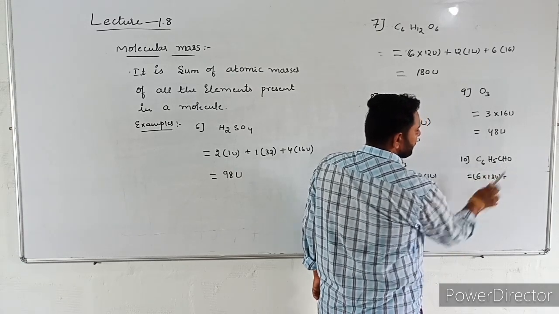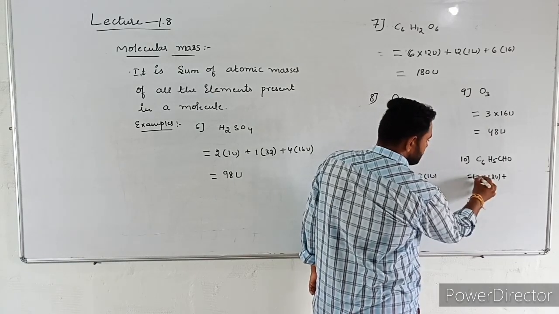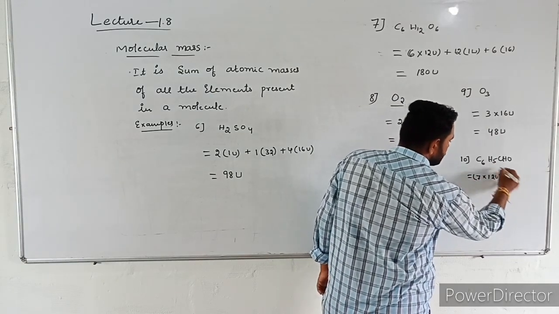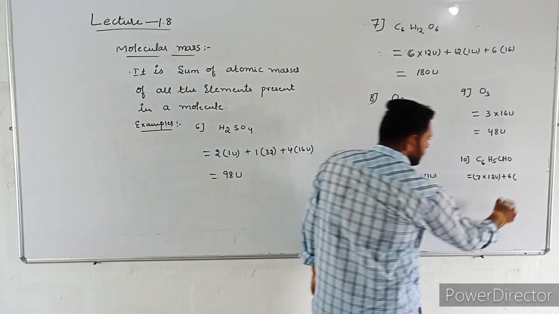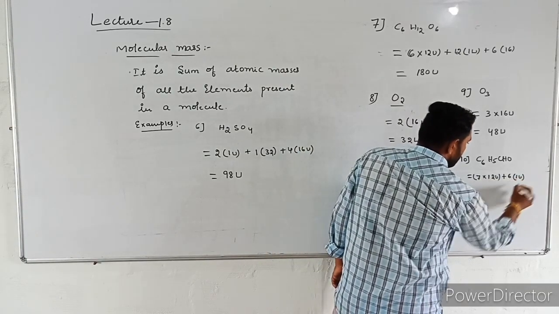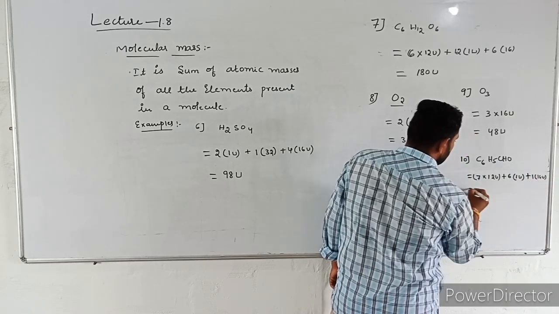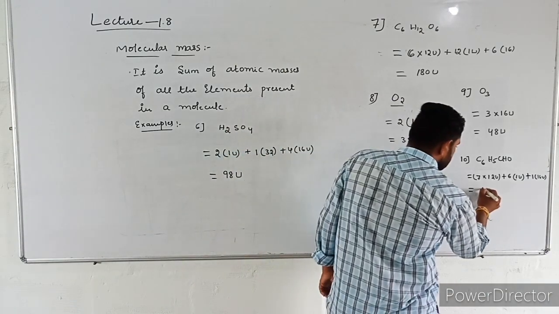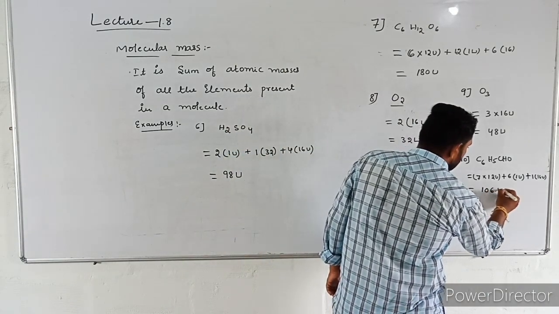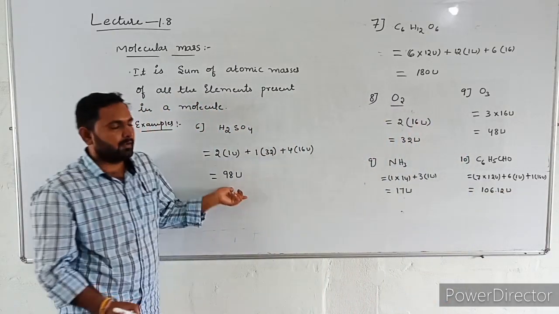Then the total number of carbons is not 6, the total number of carbons is 7. Total number of hydrogens 6. What is the atomic mass of 1 hydrogen? 1 U. Plus 1 oxygen, 16 U. Now you calculate. After calculation, you will get 106.12 unified mass. This is the molecular mass.